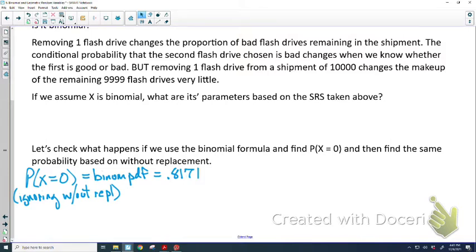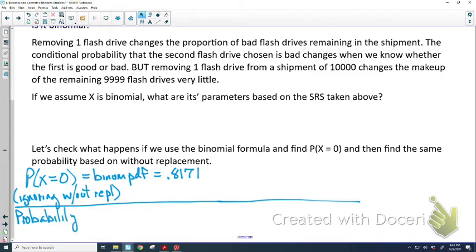All right, now let's test it without replacement. So I'm going to ignore binomial properties.